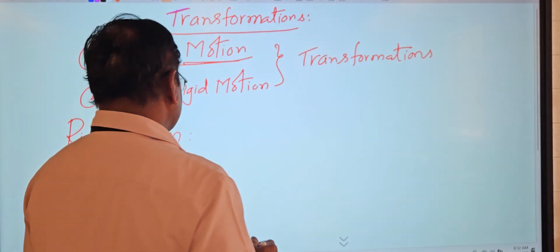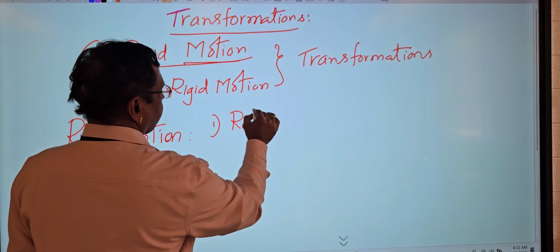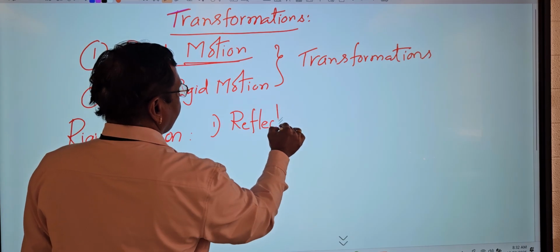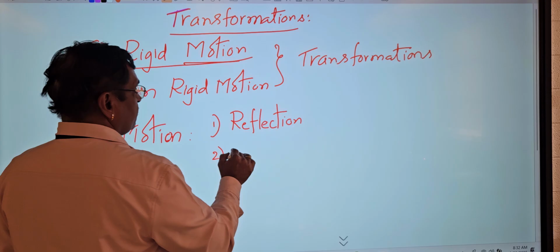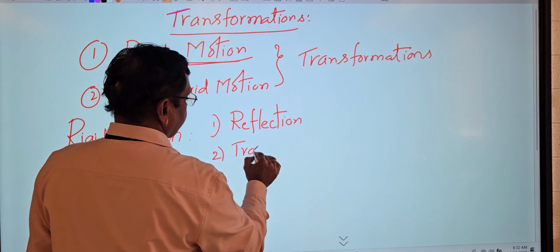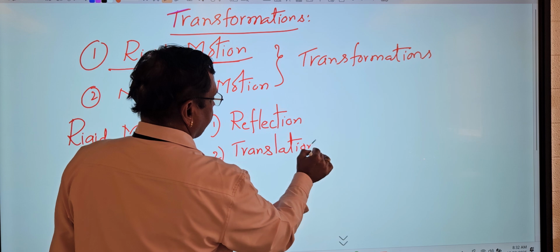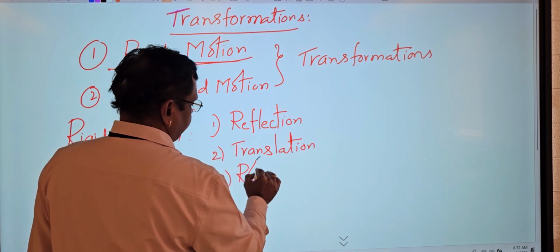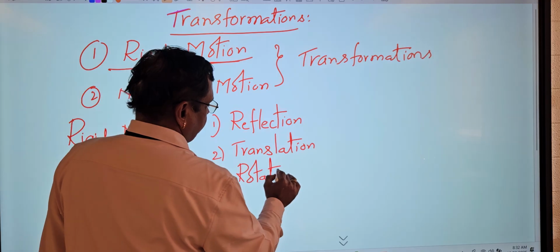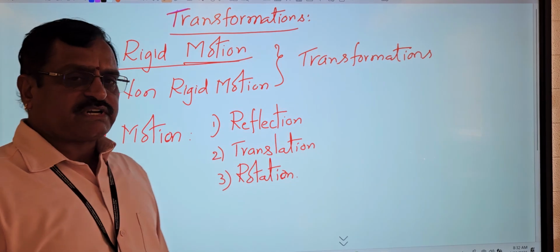Number one, reflection. Number two, translation. And number three, rotation. Now let us discuss all these rigid motions one after another.